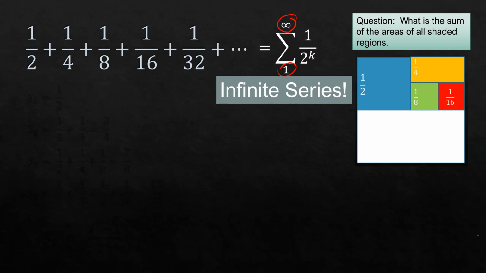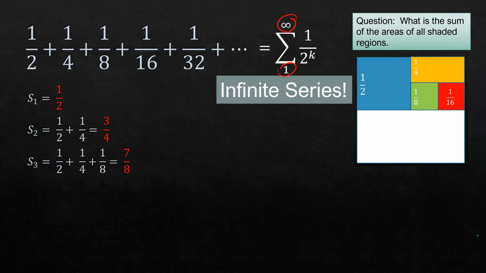Of 1/2 to the k power, where k goes from 1 to infinity. Okay, so the first partial sum would just be 1/2. The second partial sum would be 1/2 plus 1/4, and that would be 3/4. Okay, and then the third partial sum would be 1/2 plus 1/4 plus 1/8, and that would be 7/8.